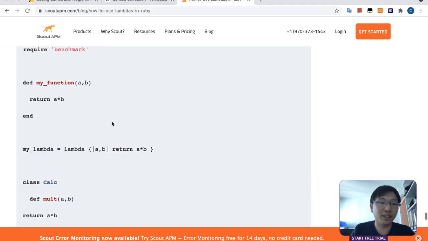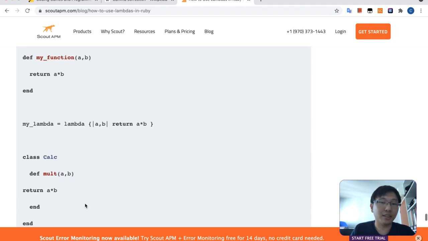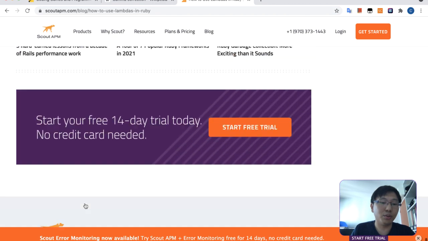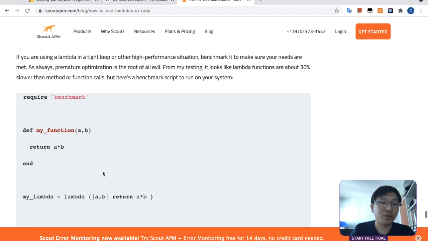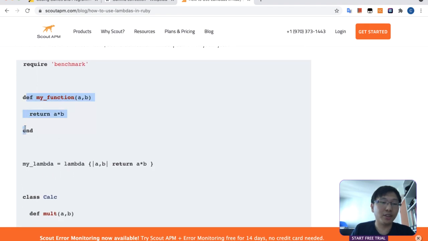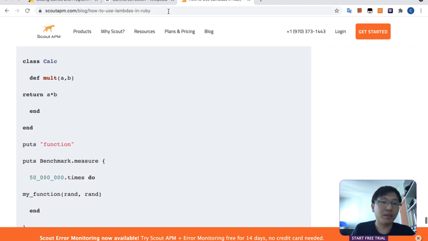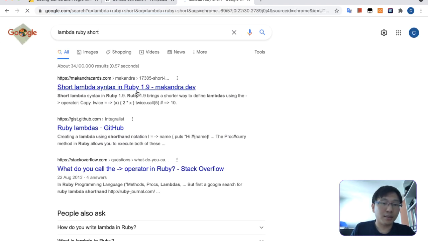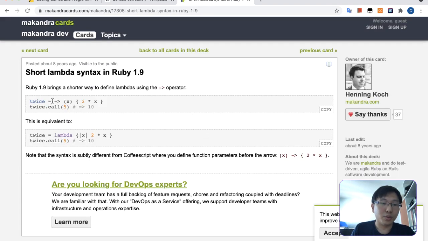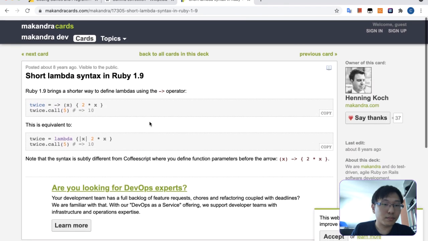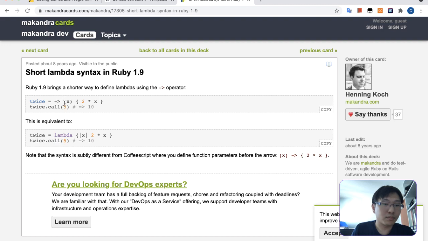So the lambda function is like this. Oh, actually, there's an easier way to do a lambda function. Okay, so one way is to do a define function. This is very long. Another way is to do a lambda like that. Yeah, just like that.